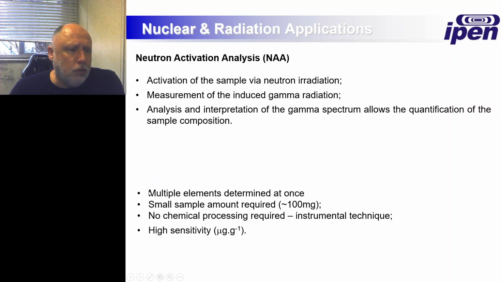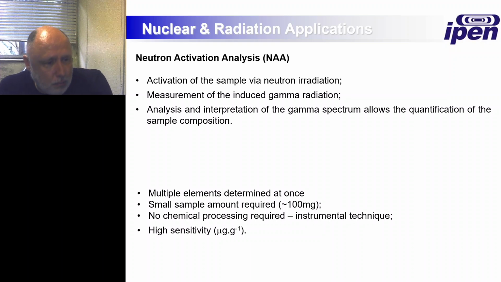Main advantage of this is that you can determine multiple elements at once. Unlike, for instance, if you go the other very well-known analytical techniques, many people like to use ICP-MS, right? Which is essentially mass spectroscopy. Mass spectroscopy, you can determine one element at a time. So if you want to determine 10 elements, you have to do 10 runs.